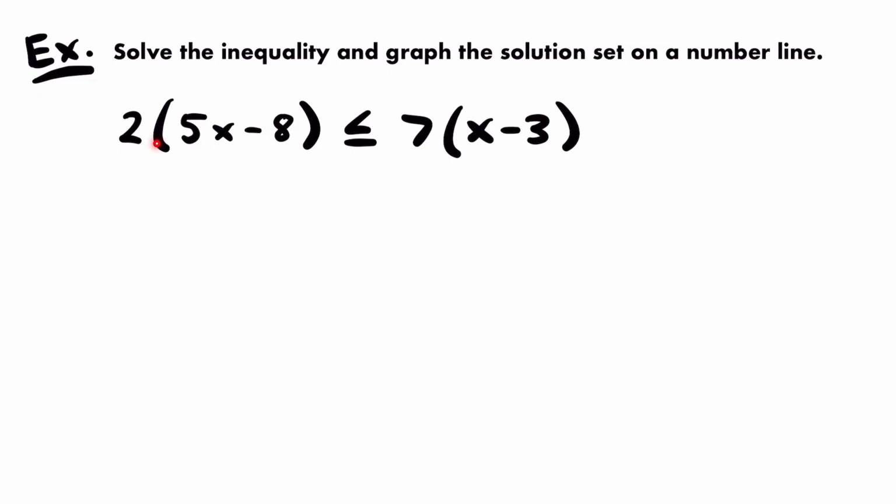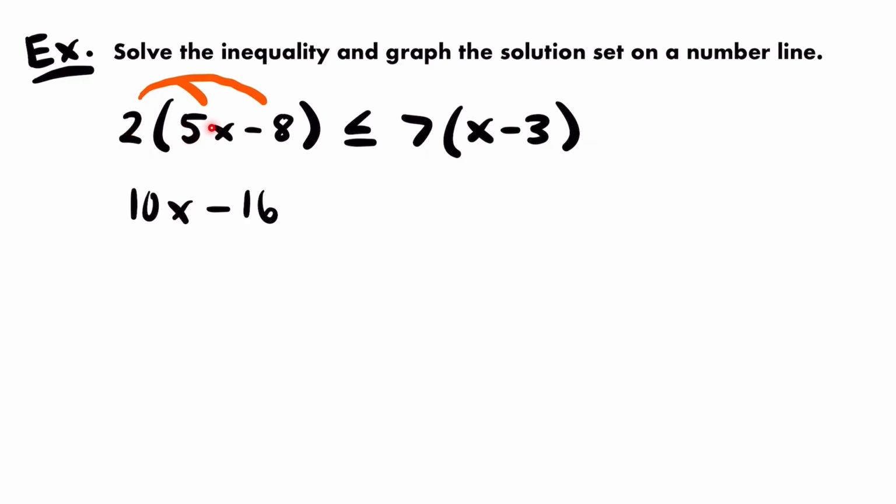Starting on this side of the inequality, we want to multiply 2 by 5x and then multiply 2 by negative 8. That's how we will distribute that 2 through this quantity. And so 2 times 5x will be 10x. And so if we do that, you'll get 10x minus 16, right? You multiply 2 by the coefficient of that variable term, but then keep the same variable part.